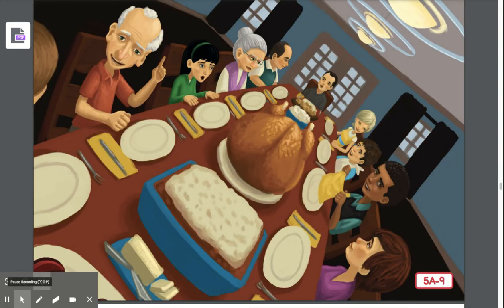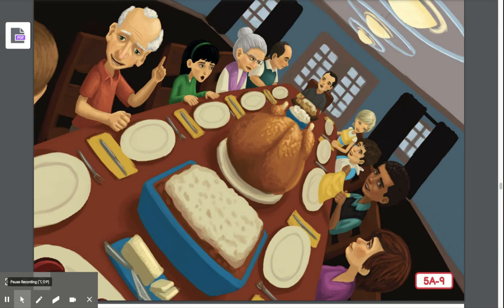In late November, as the autumn season is gradually winding to a close, comes one of the most important holidays in the United States, Thanksgiving Day. On this day, people in the United States like to gather with their families and friends.